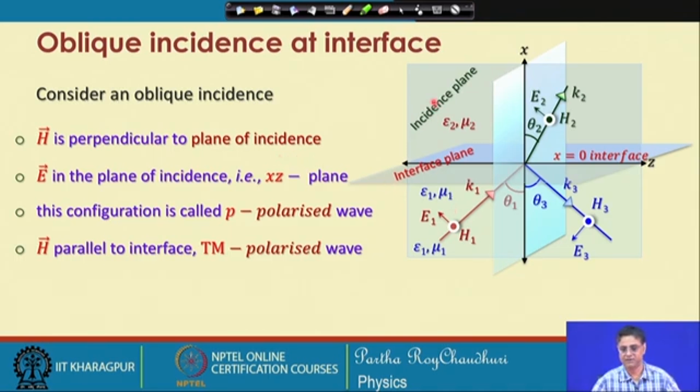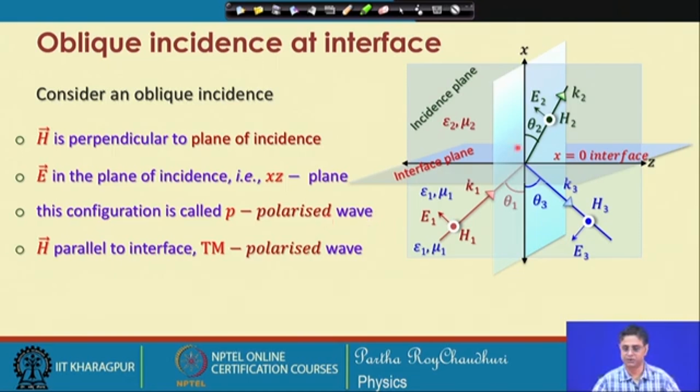By plane of incidence, we mean this plane. So, the magnetic field lines are out of the paper, that is perpendicular to this board, and electric fields are lying in the x z plane. Such a configuration is called a P polarized wave configuration.